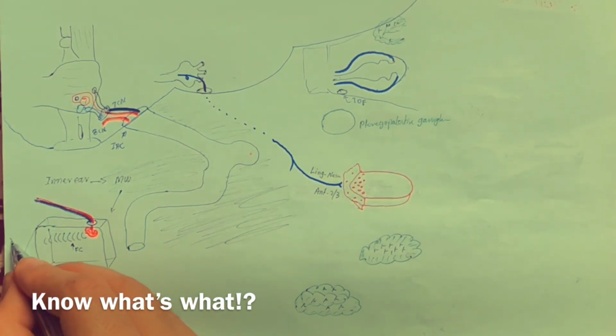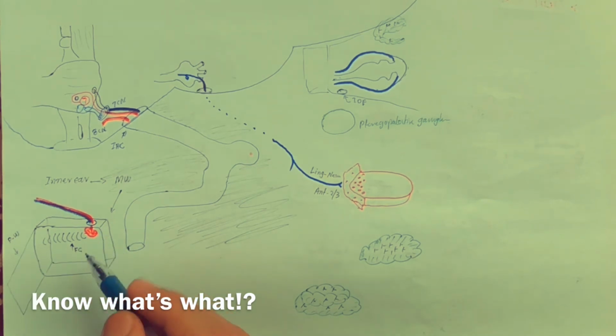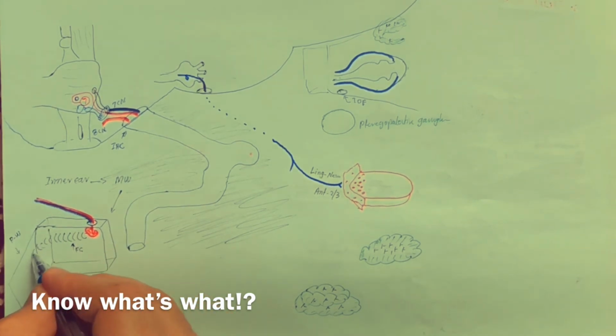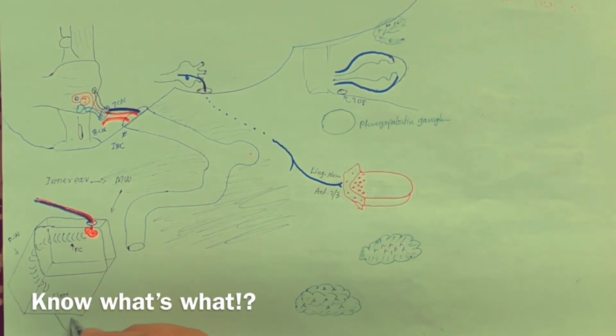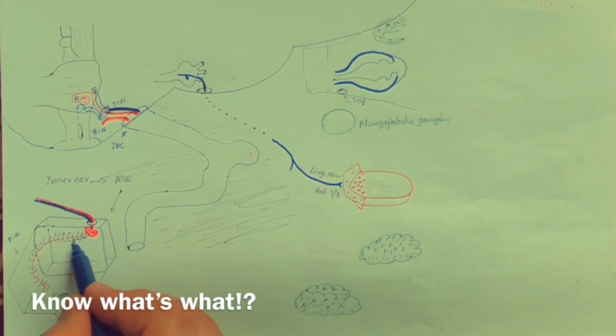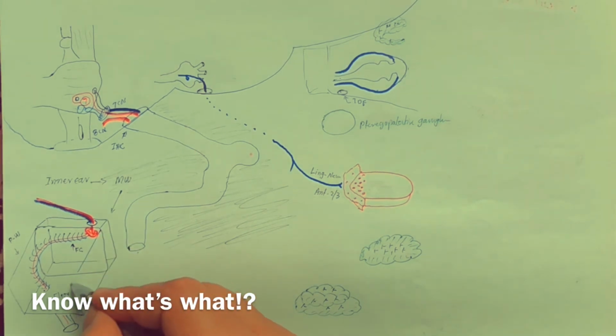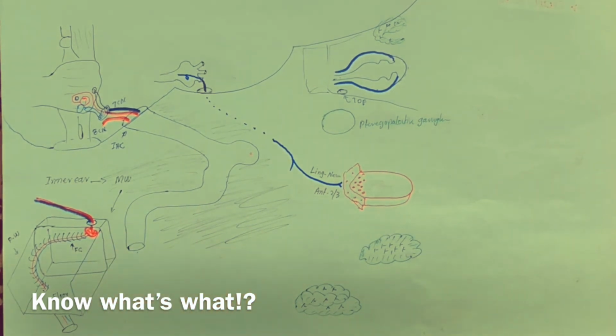And then it will go down to the floor of the middle ear and then exit through the mastoid canal. So here is the facial nerve going through the facial canal, and of course with it the nervus intermedius fibers, right? So here is the anterior wall of the middle ear.